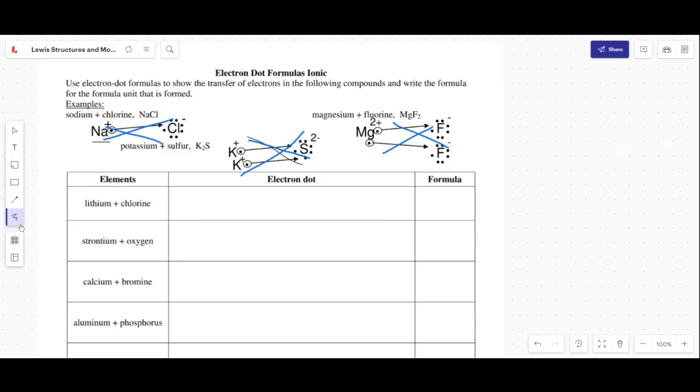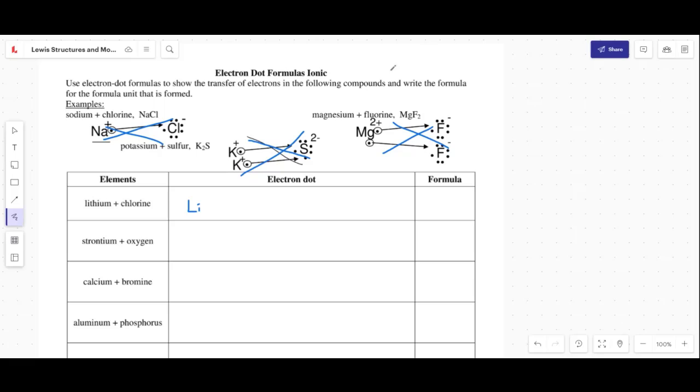Okay, so let's take a look at lithium and chlorine. Lithium is what element? What elemental symbol? You can just type it into the chat if you wish. Yeah, Li. And lithium has how many valence electrons? 1.